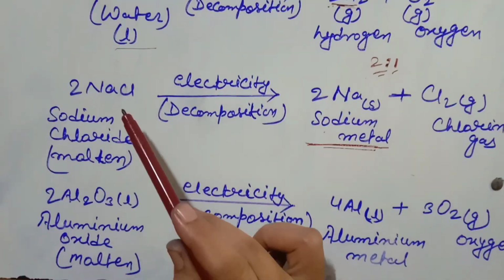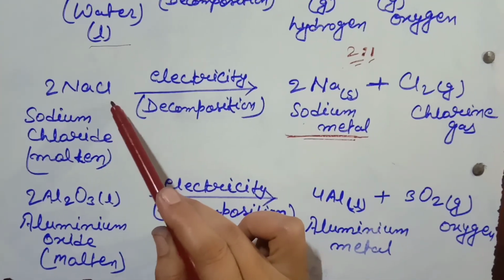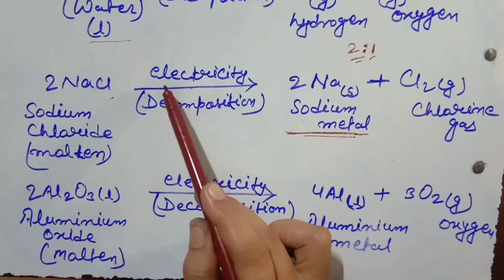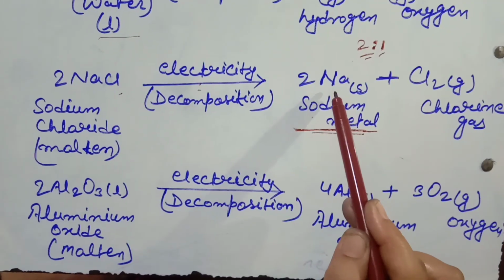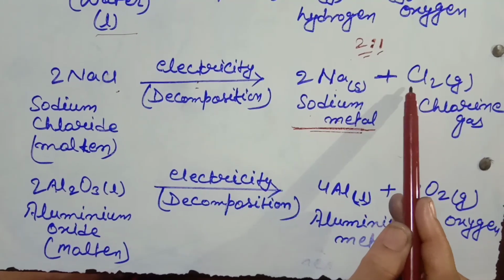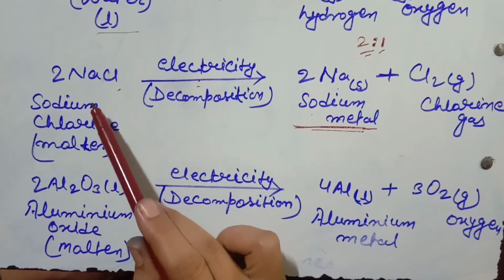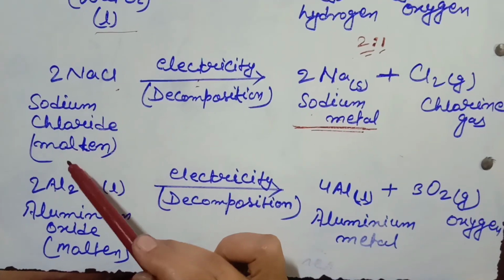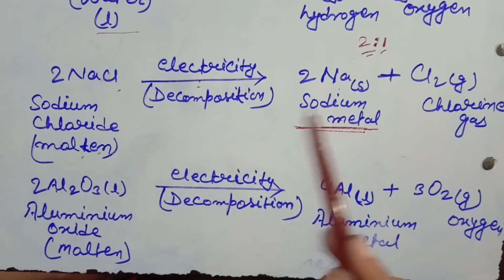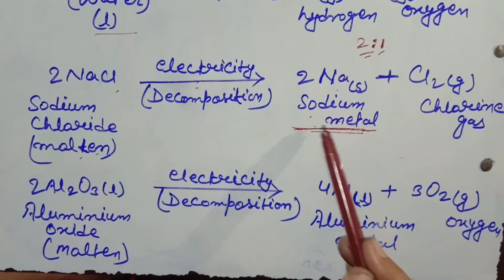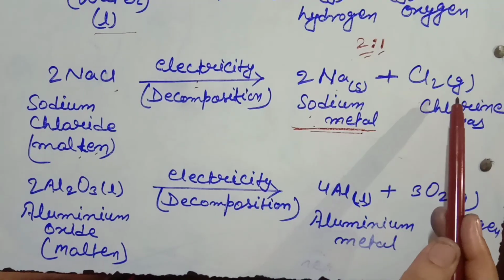Now come to the next example, sodium chloride. When we pass electricity through the sodium chloride, it breaks down into sodium metal and chlorine gas. So here which kind of sodium chloride have we taken? We have taken molten sodium chloride, and we got sodium as a metal, a solid substance, and chlorine gas.